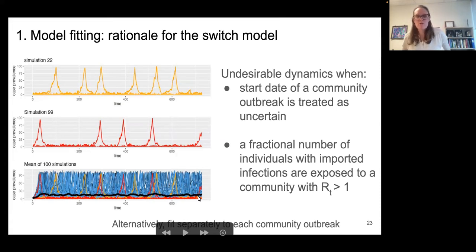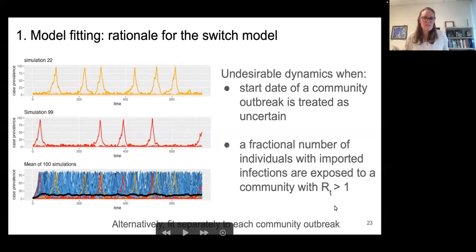In compartmental models, you can have fractional numbers of individuals, and that can diverge from reality, where you cannot have less than 1 person that's infected. And this particularly becomes a problem when you have the community spread rate bigger than 1.